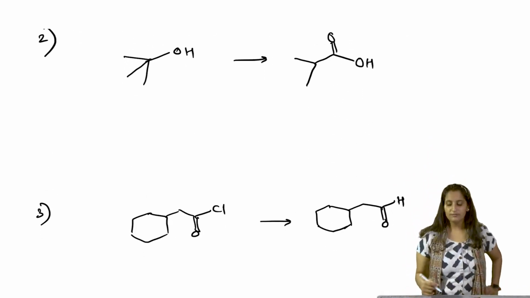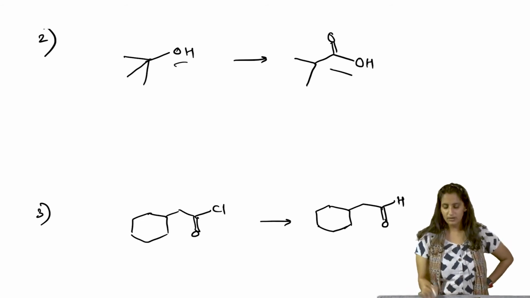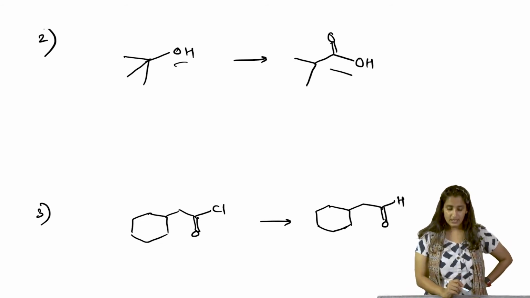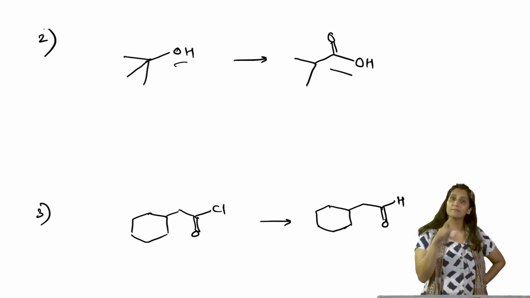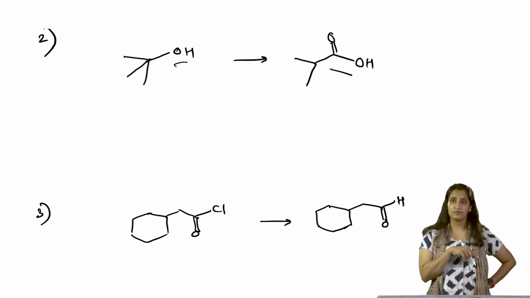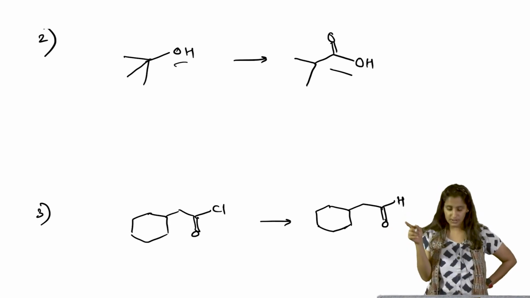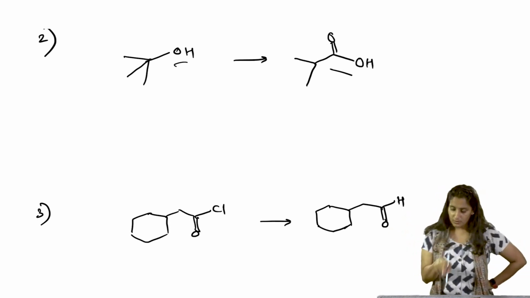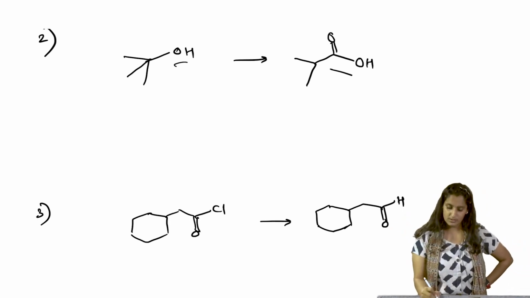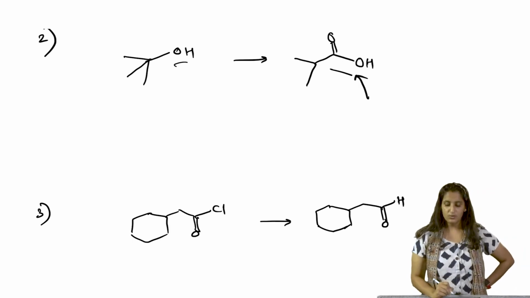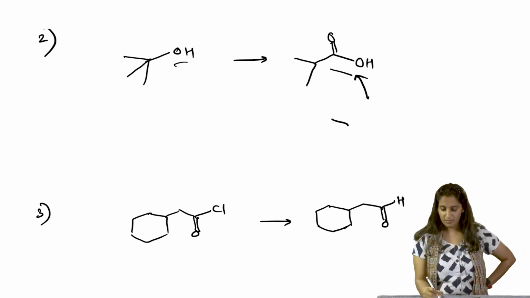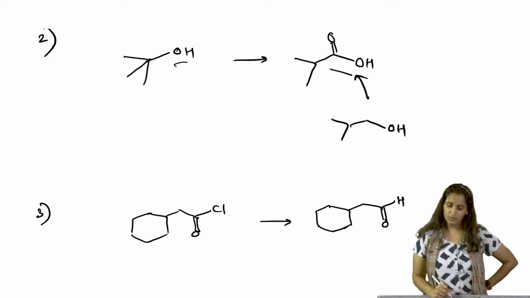What do we again observe? We have a starting material as alcohol, end product as acid. Although the number of carbons now stays the same, so I cannot use the method that I was using, which was Grignard and CO2 addition, to form this. Now, to get here, I know that a carboxylic acid can be formed if I start from the corresponding alcohol.